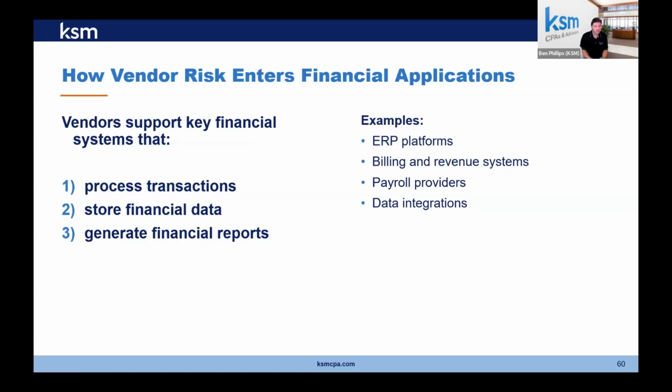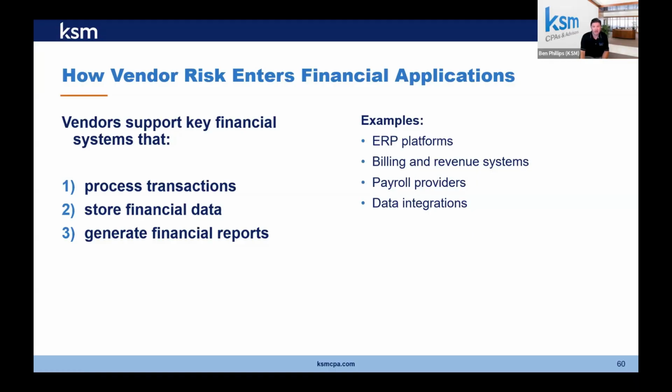So how vendor risk enters financial applications. This is where the finance and audit connection becomes very real. Many organizations rely on vendors for systems that either process transactions, store financial data, generate reports, or support core accounting processes. Examples can include ERP systems, payroll providers, billing platforms, revenue systems, and data integration systems.